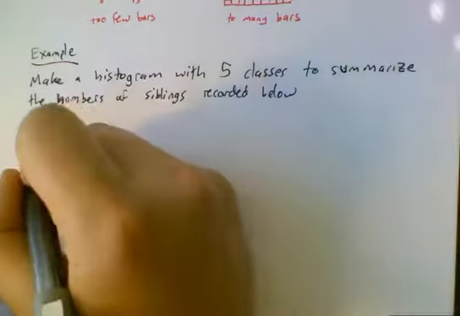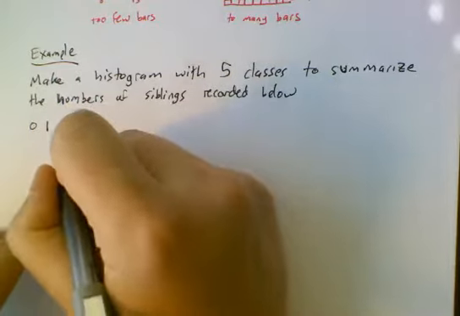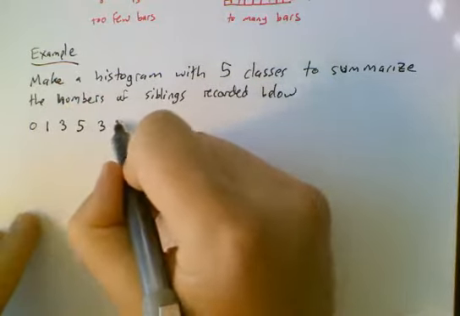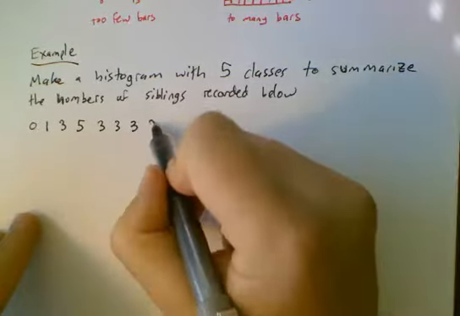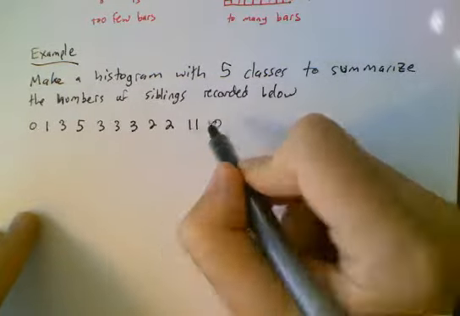So let's say we ask a bunch of people and someone has 0 siblings, another person has 1, somebody else has 3, someone else has 5, and so on. So these are the numbers that we got from asking people how many siblings they have. That's a 1 and a 1, not an 11. Make that clearer.